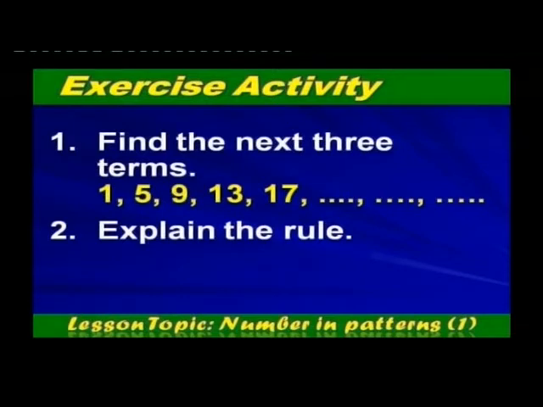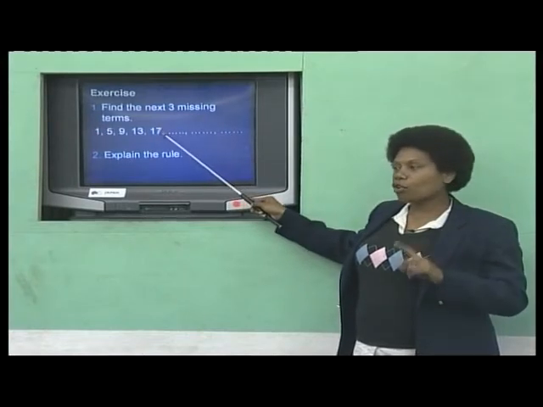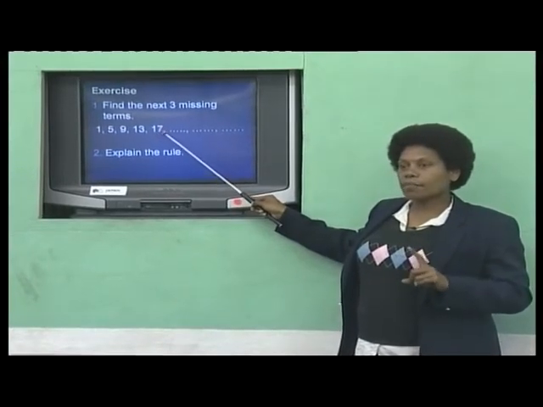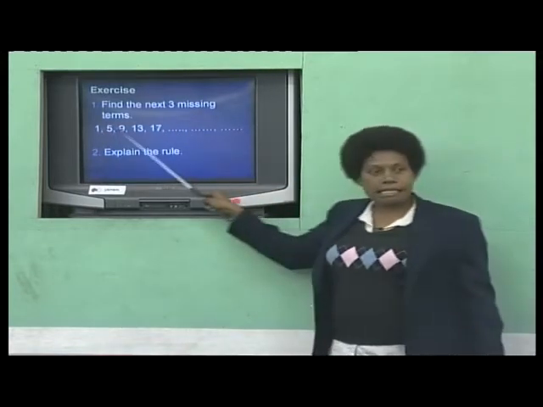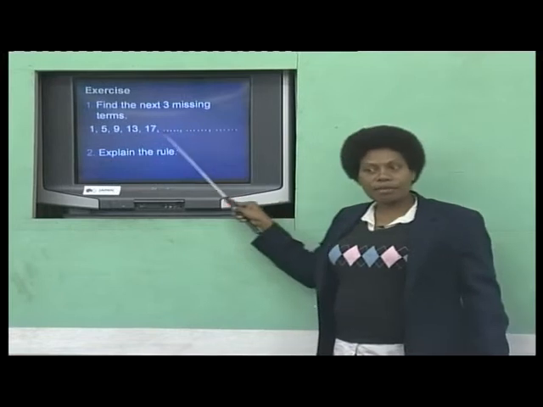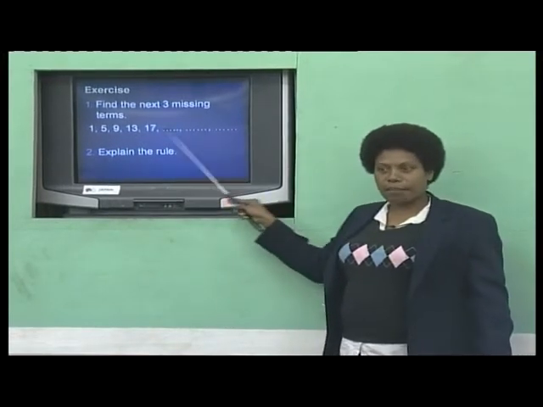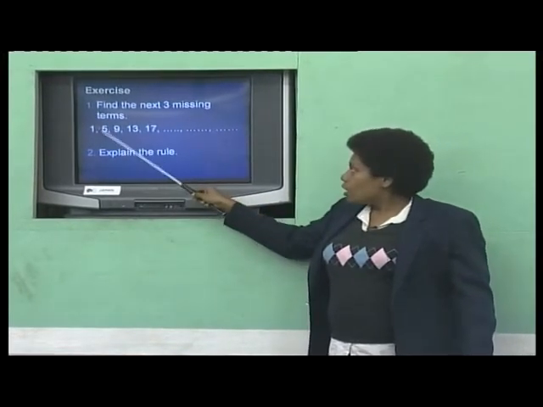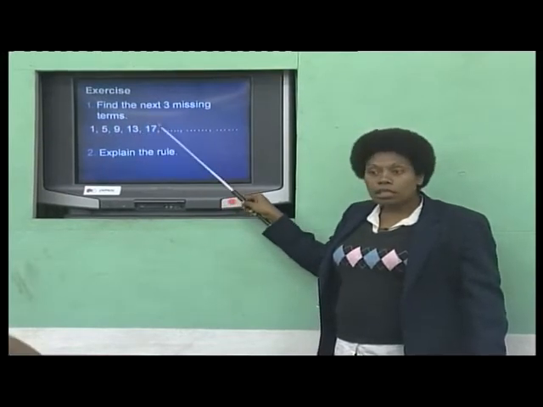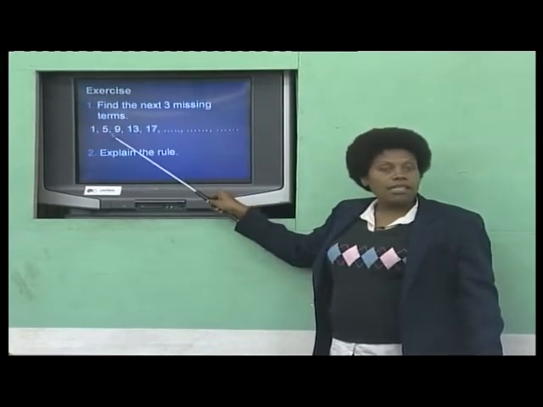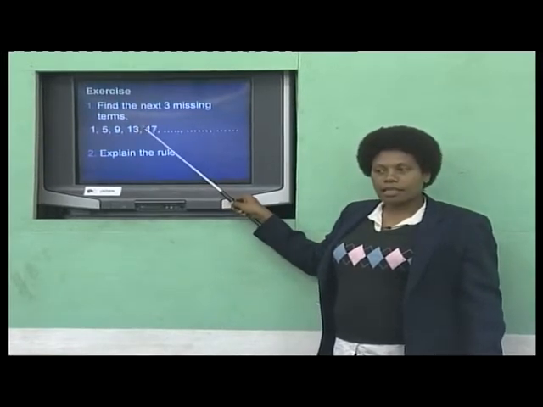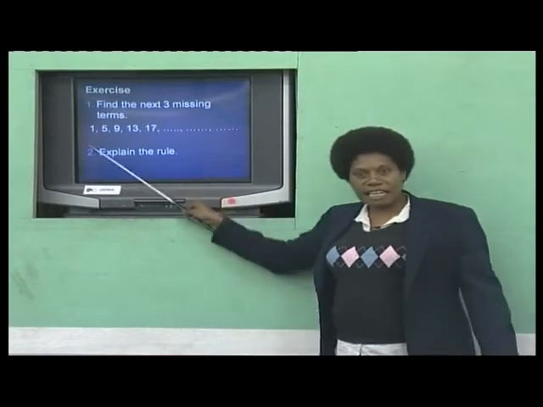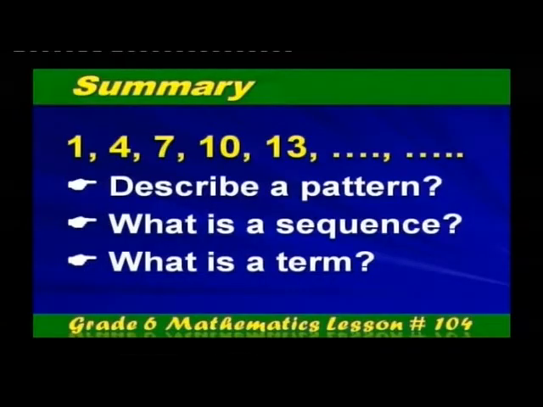Can you see the pattern? Every time you add 4. So that's the pattern in this sequence. Remember, class, the list of numbers is called a sequence with a pattern. What are these numbers called? Terms. Very good. They form a pattern in a sequence.